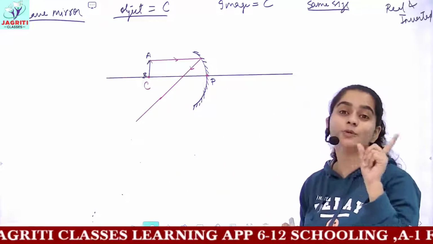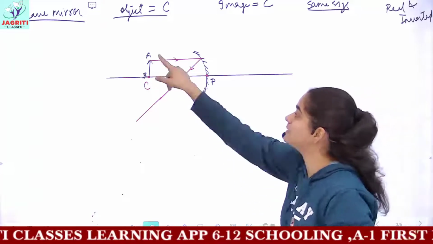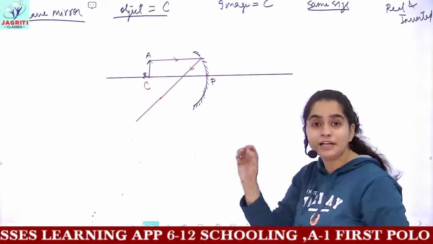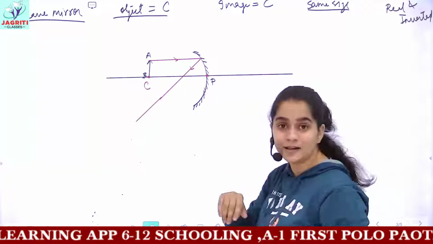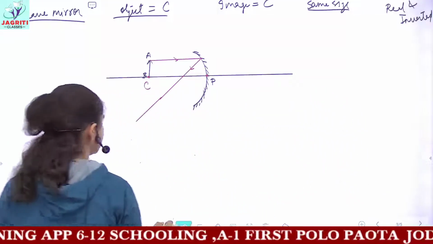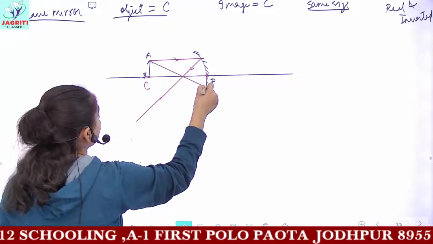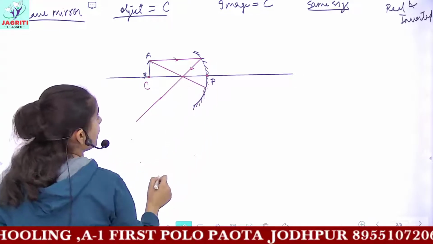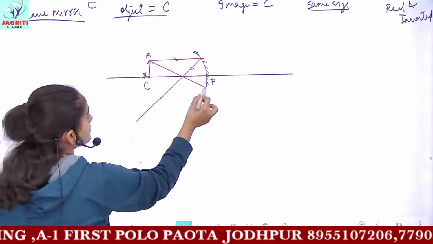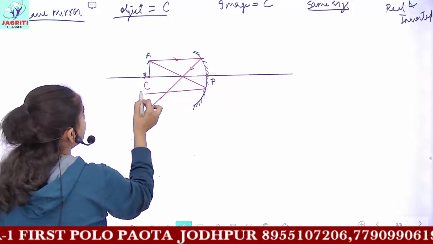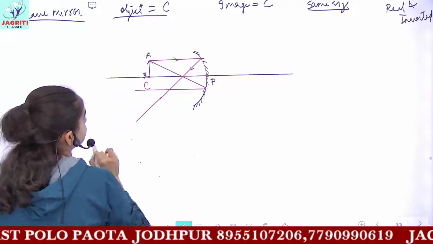This was rule 2. Whenever a light ray passes through the focus, after reflection, it becomes parallel. So we can use this light ray, which is passing through the focus, and after reflection, it would become parallel.